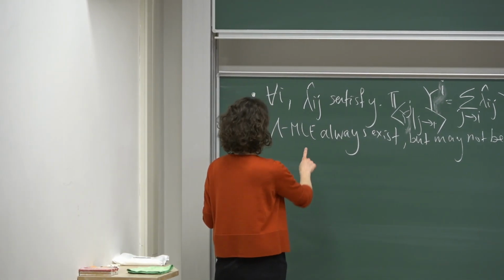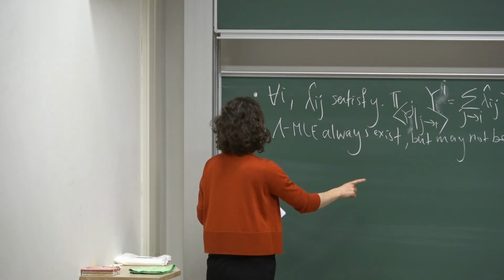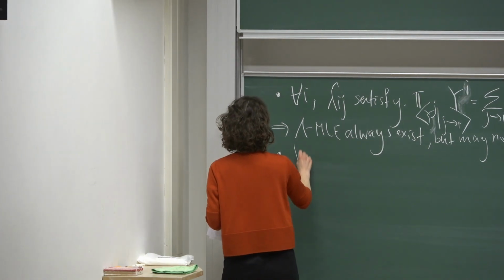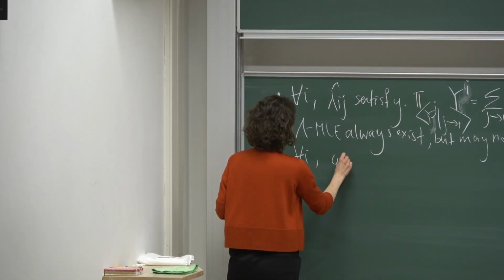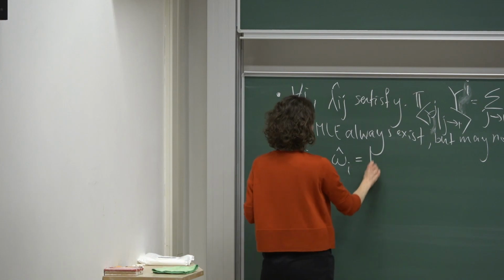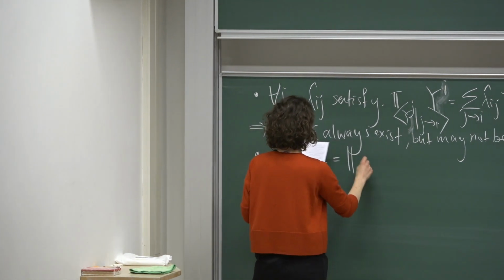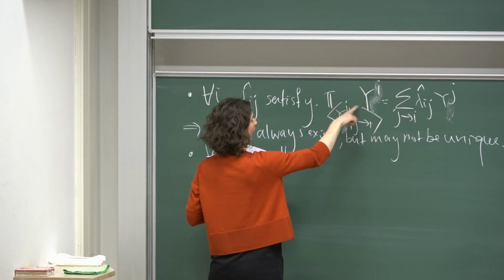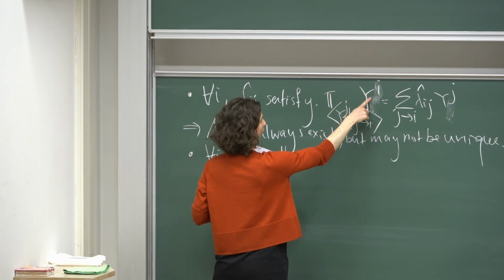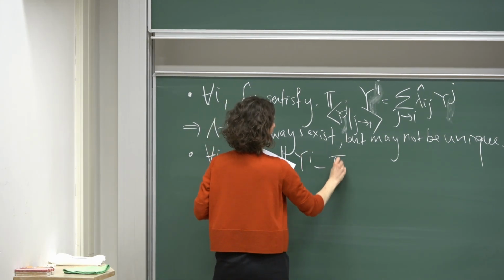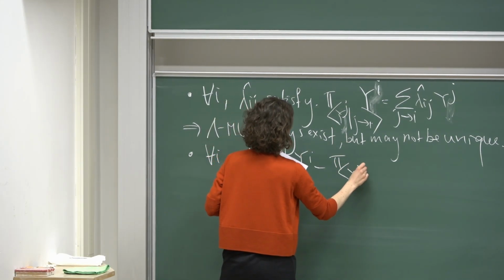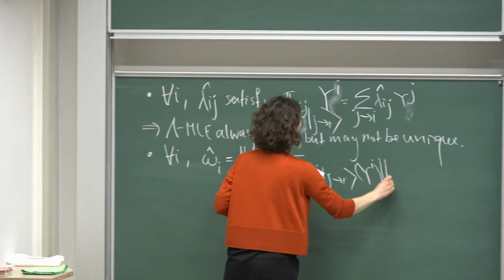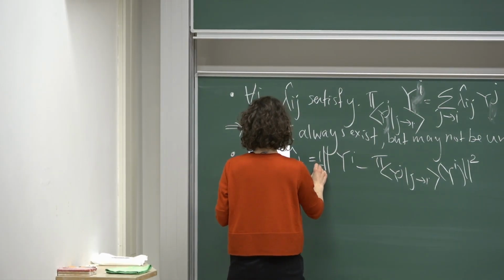So the lambda MLE always exists, but it may not be unique. Now let's talk about the omega MLE. For all I, what is omega I hat? You take the norm squared of the distance between yi and its projection onto the parent columns, and you take 1 over n.